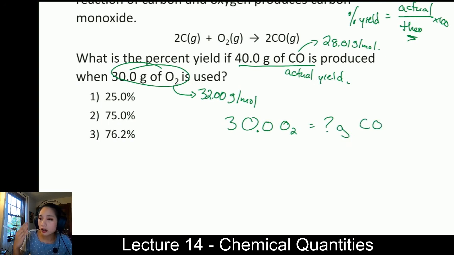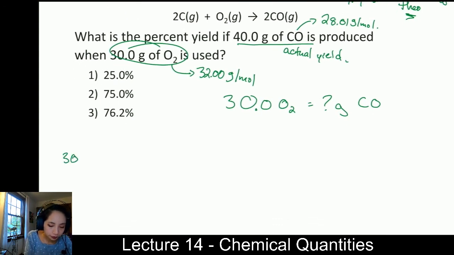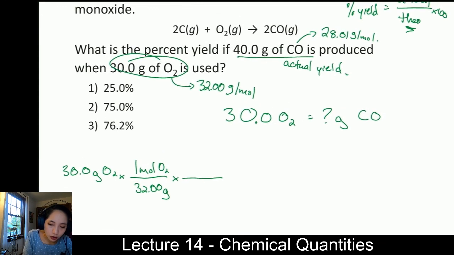So we're converting 30 grams of oxygen to an amount of carbon monoxide. 30 grams of oxygen, use the molar mass to convert it to moles so I can use stoichiometry: 1 mole of oxygen per 32.00 grams. Now I'm in the unit of moles of oxygen. In our balanced equation, 1 mole of oxygen is required to make 2 moles of CO gas. So 1 mole of oxygen on bottom, 2 moles CO up top.